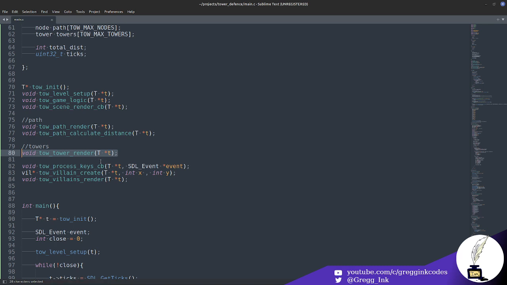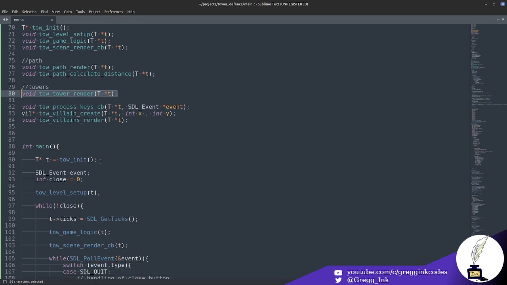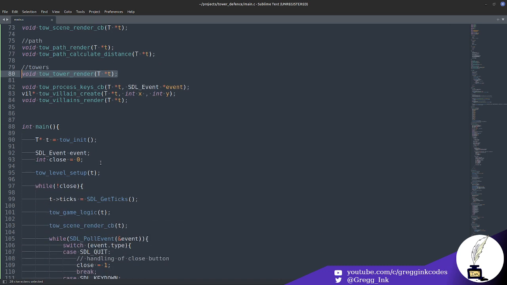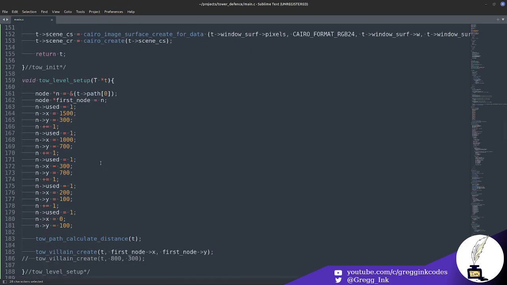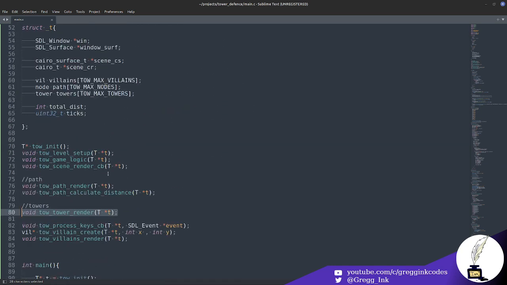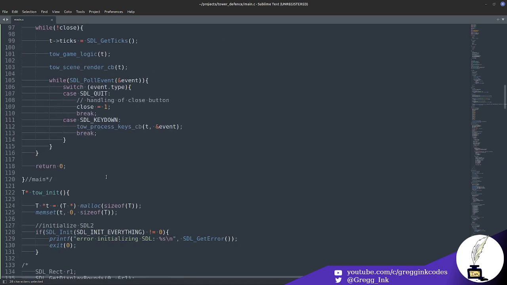Tower render. Yeah. Okay. Tower render. Where do I put that? After calculate distance, okay.